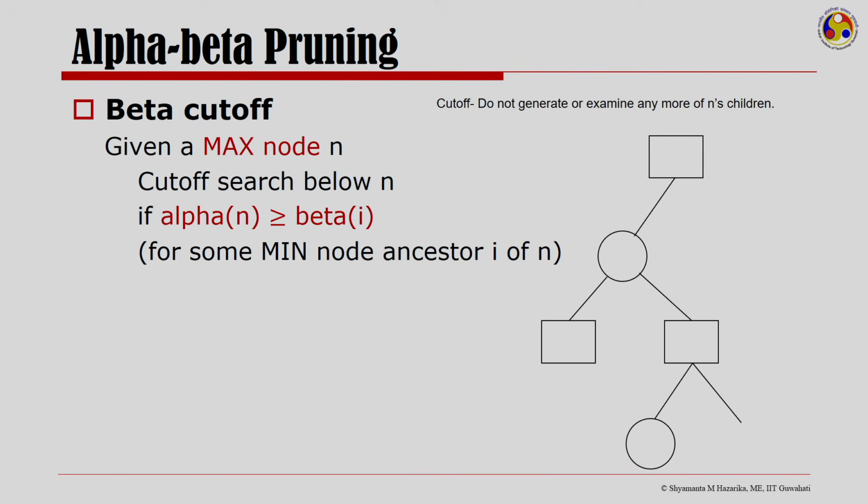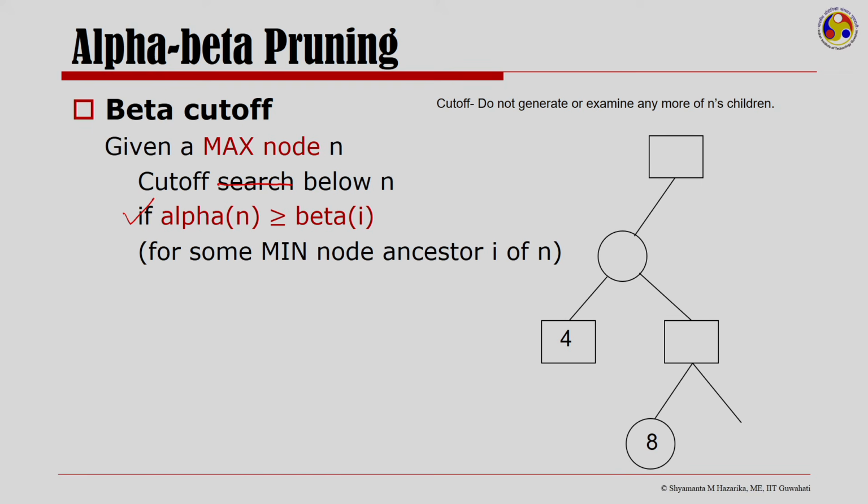Let us assume we have a max node n and cutoff search below n is not required. Cutoff below n is possible if alpha of n is greater than or equal to beta of i. Here by cutoff we mean that we do not generate or examine any more of its children.